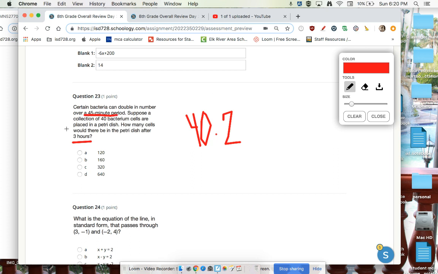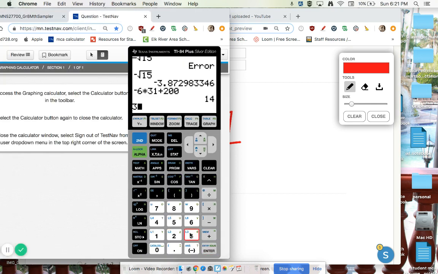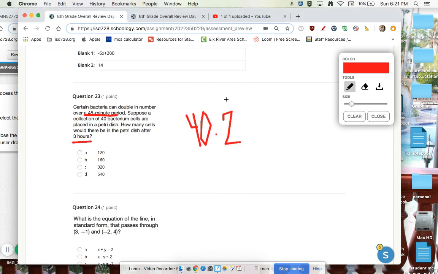So I'm going to figure out how many minutes are in 3 hours. That's 3 times 60, which is 180 minutes in 3 hours. And then see how many 45s are in there. Divided by 45, 4. So it will be 2 to the 4th. And that's all I got to do.